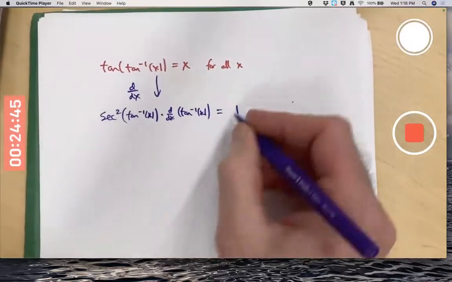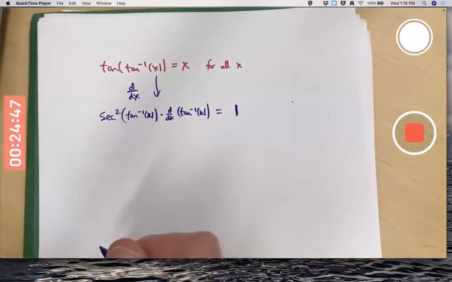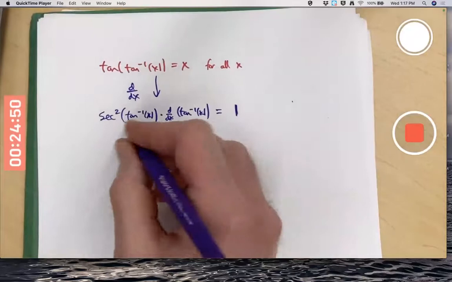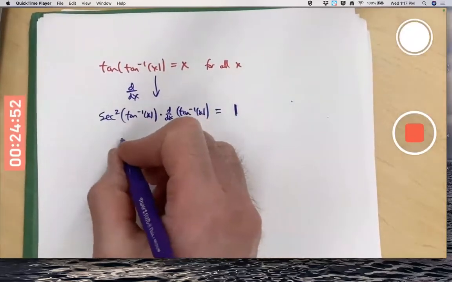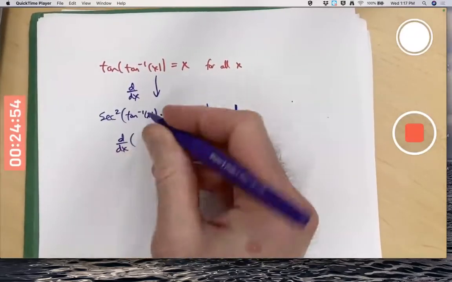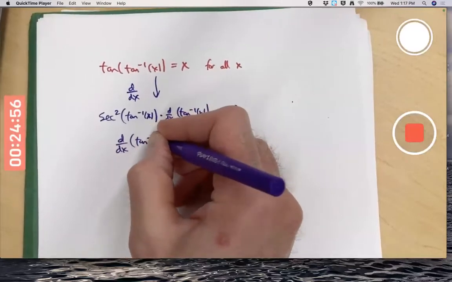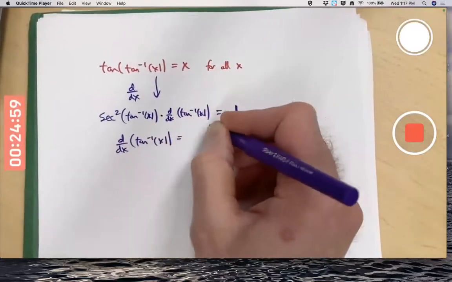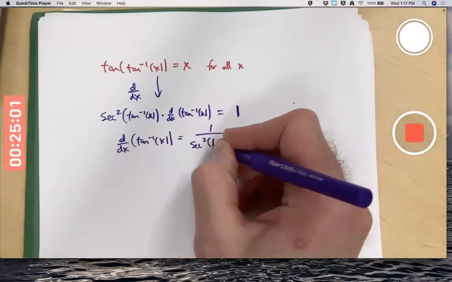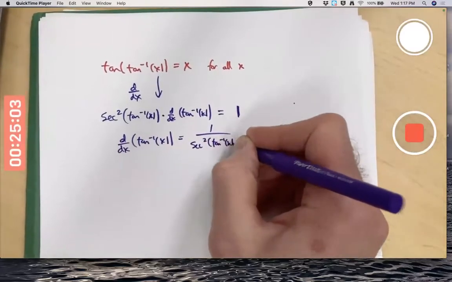So I write it in the unknown form, you might say, and then I solve for it, dividing both sides by secant squared. The derivative of the inverse tangent function is 1 divided by secant squared of the inverse tangent of x. Yikes, that's kind of complicated looking.